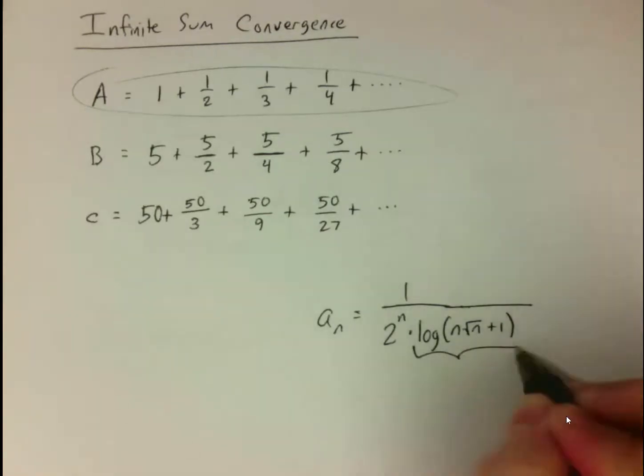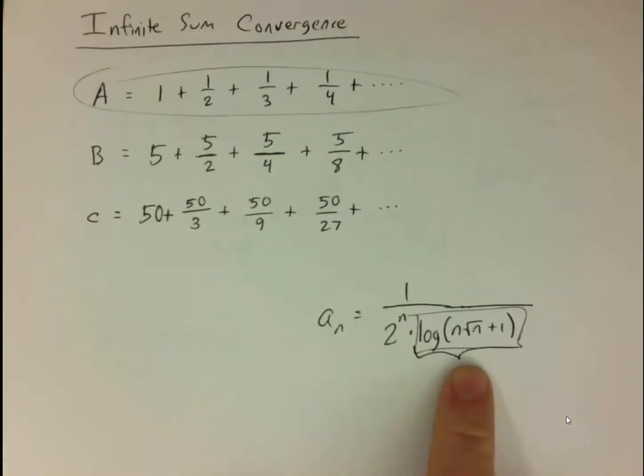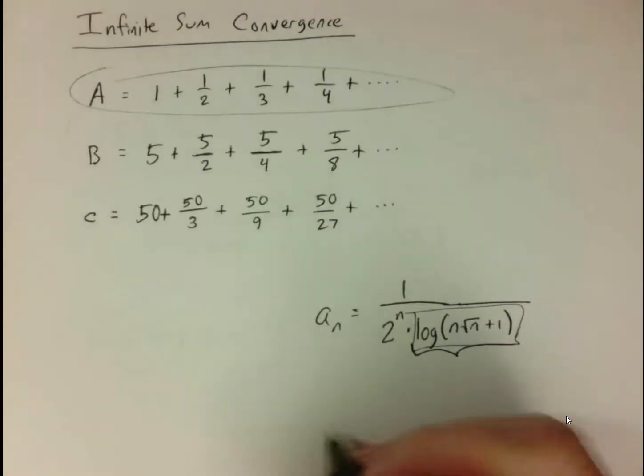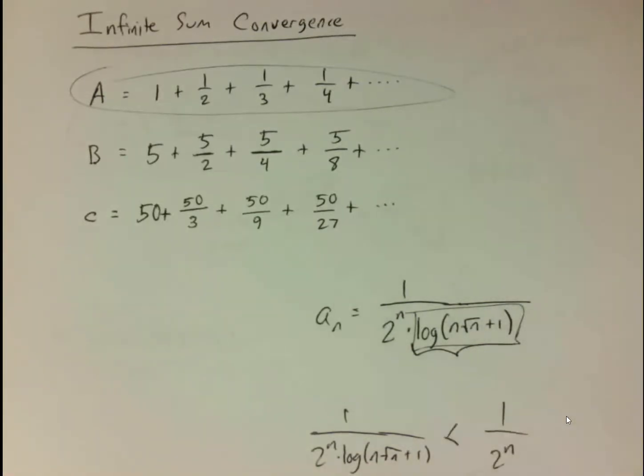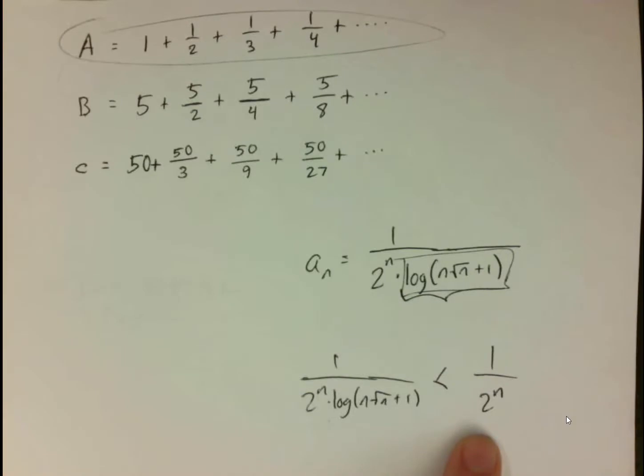But something that I'm noticing is as long as this part is larger than 1, each of my terms, with this ugly stuff, is going to be strictly smaller than the geometric series that's formed by 1 over 2 to the n. And the geometric series is the one that we just looked at. So if I have an infinite sum where every single term is smaller than another infinite sum that I know converges, then I can conclude that my infinite sum also converges.